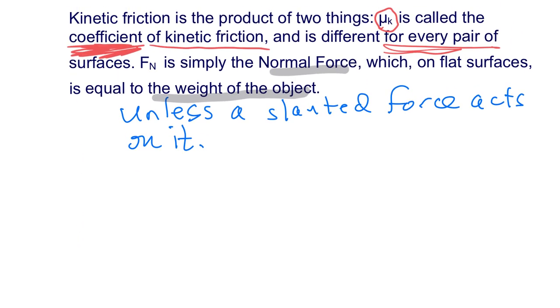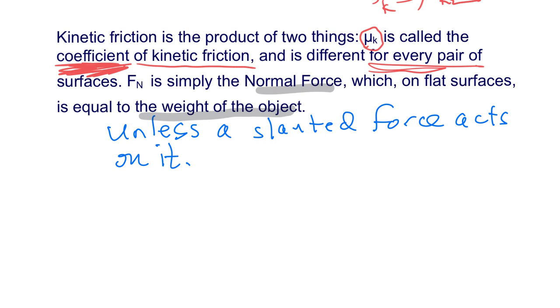Also, if a slanted force is acting on an object, the normal force will not be equal to the weight. So if we have an object like this on a slanted surface, the normal force will be less than the weight.